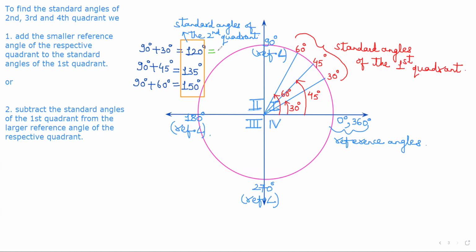We will subtract 60 degrees, 45 degrees and 30 degrees from the larger reference angle, right? So 180 minus 60 gives us 120, 180 minus 45 gives us 135, 180 minus 30 gives us 150.